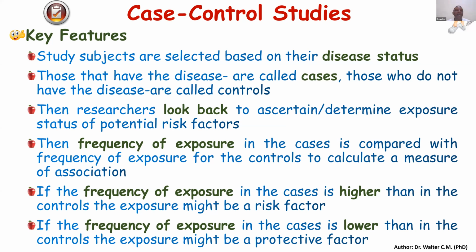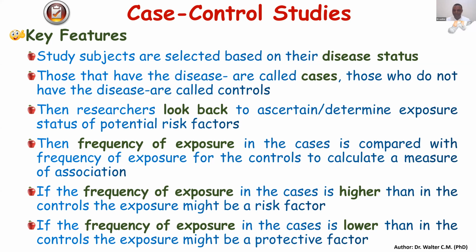How many times were they exposed to this environment for them to contract Ebola or cholera? So the frequency among the cases. And then you compare it to the exposure of the controls in order to measure the association.